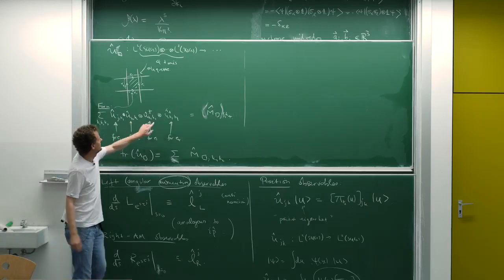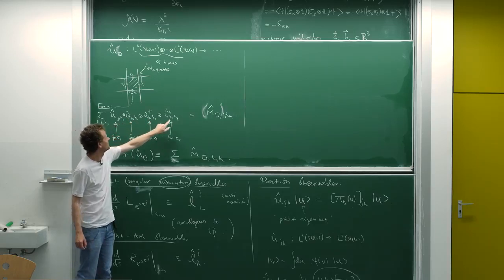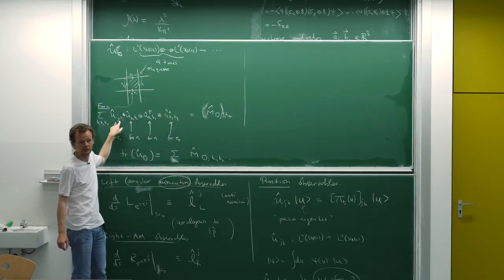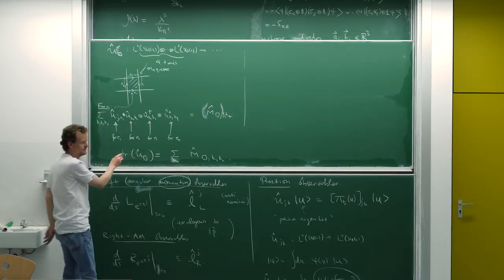So it looks like a trace, right? If you think of these as matrices, these as matrix elements, you can see this looks kind of like matrix times matrix times matrix, and then we want to sum K4 equals J1. That looks kind of like a trace here. So this is an operator. It's not a number, it's an operator.